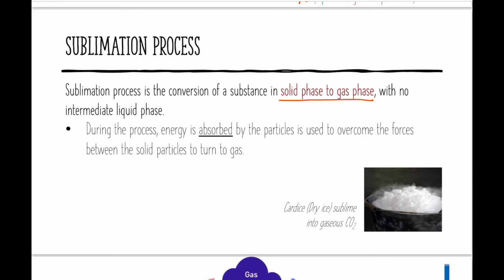During the process, energy is absorbed by the particles, which is used to overcome the forces between the solid particles to turn to gas.